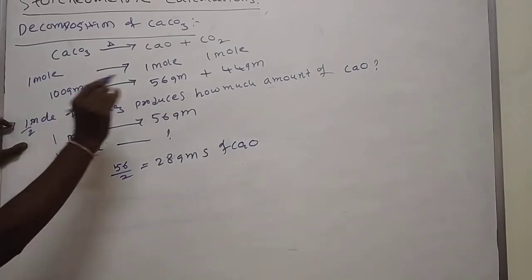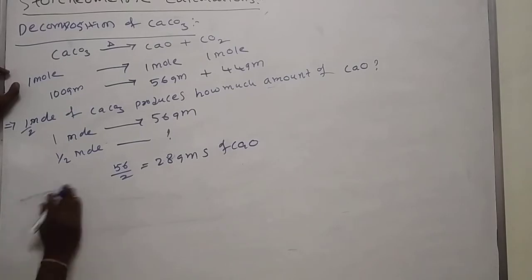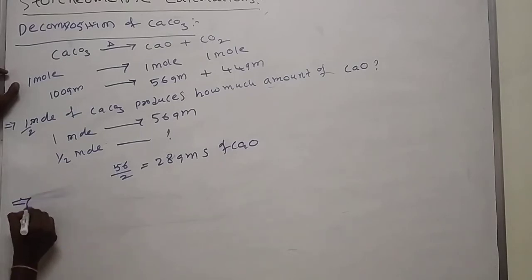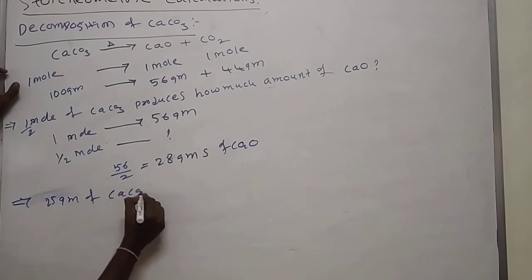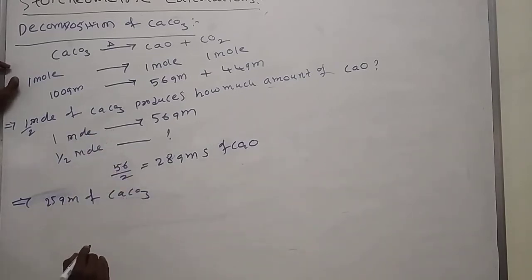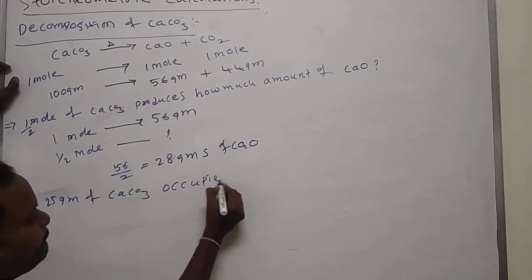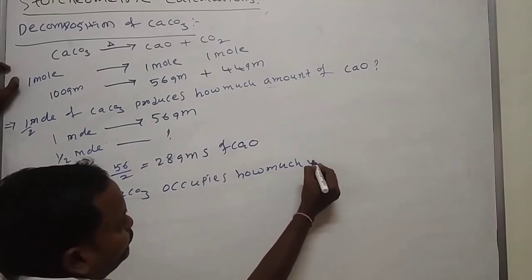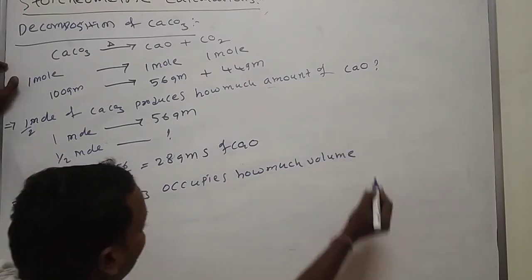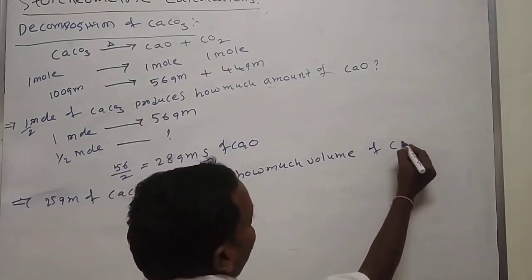Here all are 1 mole. Instead of 100 grams, you take 25 grams of calcium carbonate from the above reaction. 25 grams of calcium carbonate occupies how much volume of carbon dioxide?